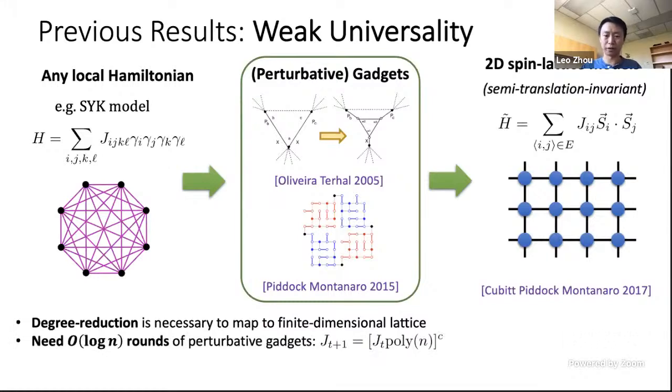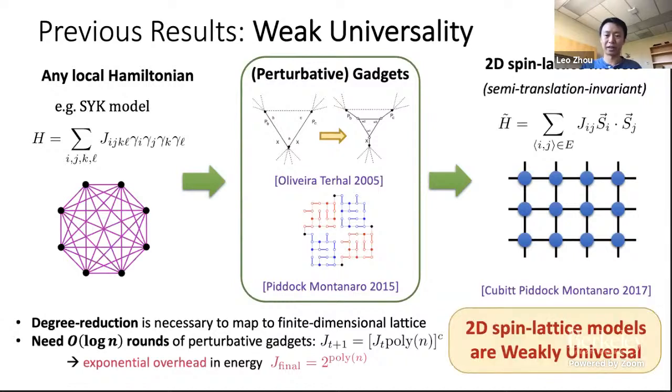After each round of gadget application, the interaction energy blows up polynomially. After log n rounds, you end up with an exponential energy overhead. This is why in the original 2017 paper, they were only able to show that these 2D spin lattice models were weakly universal.